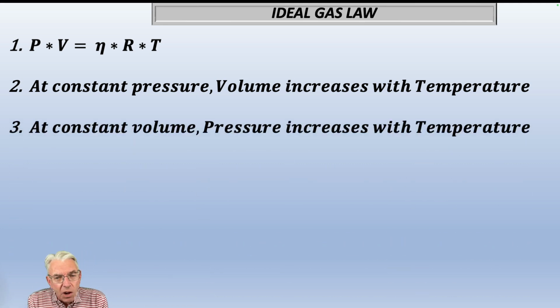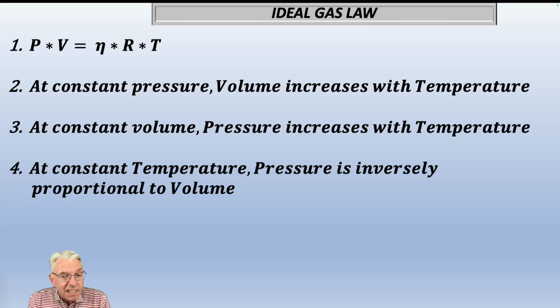Now, at a constant volume, so the amount of area that this object takes up, then the pressure is going to increase with the temperature, because again, if this is constant and this is going up, then this has to go up too if these two aren't changing. So at a constant volume, so you have the same basic box, if you will, then as the temperature goes up, the pressure is going to go up because you're going to have faster moving molecules that are going to be bouncing off that surface really, really fast, and so those two are going to be in sync.